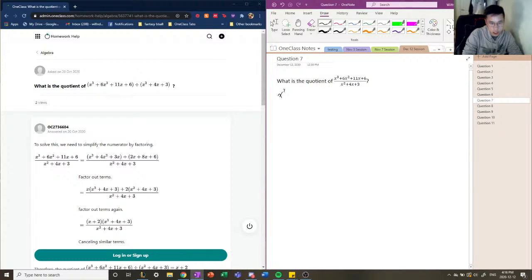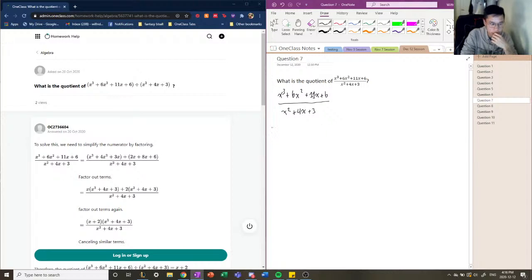So x cubed plus 6x squared plus 11x plus 6 divided by x squared plus 4x plus 3. So we're going to group our numerator in such a way that we can factor it, right? So let's look at this, for example.